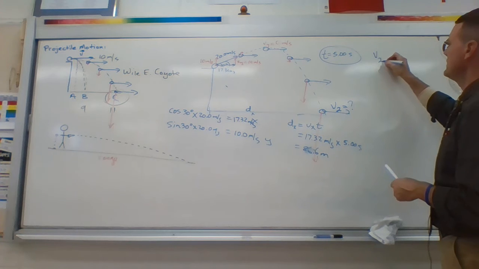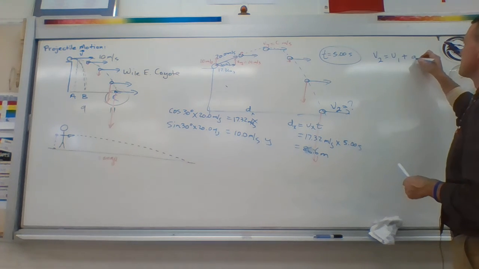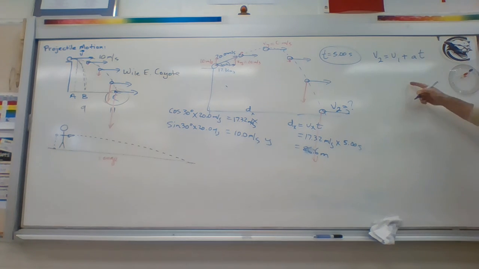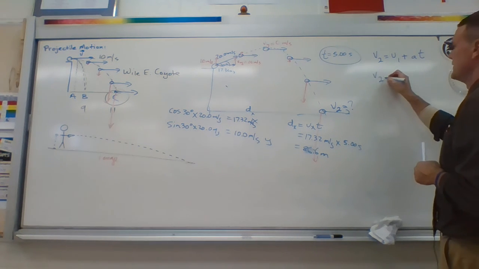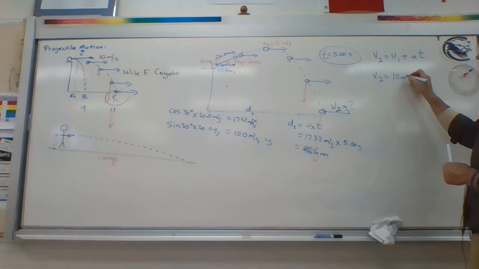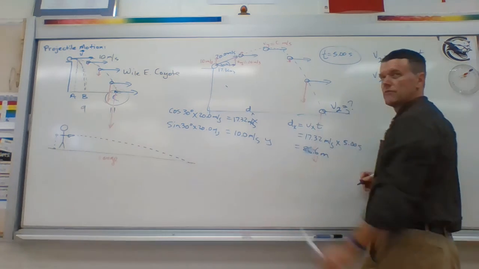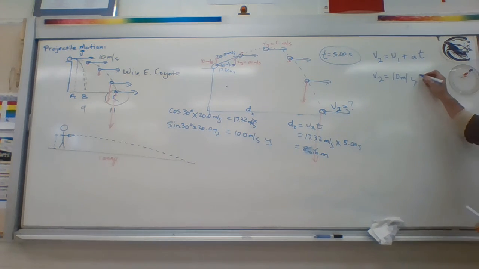If I want v2 vertically, I'm using an acceleration formula, and I know the time, I know the acceleration, and I know what v1 is. Very carefully here, v1 is 10. The initial vertical velocity is 10.